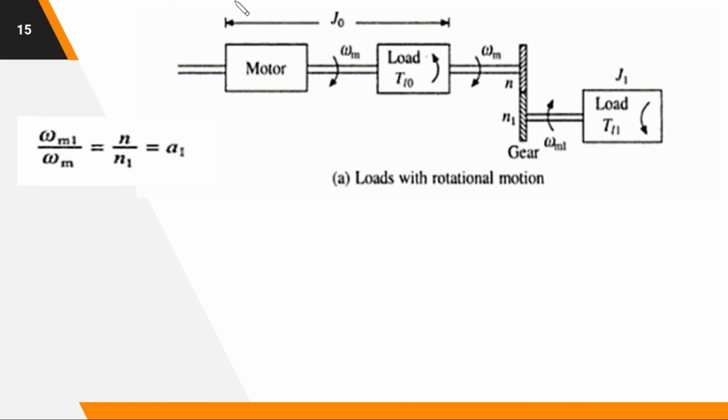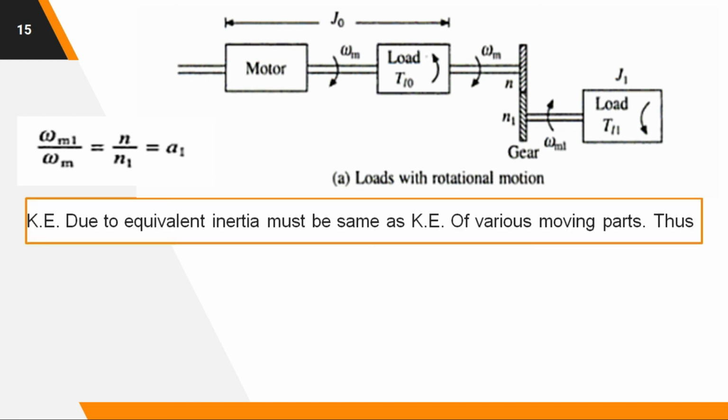This is already given to you in problems, or otherwise you have to find it by this formula. If the losses in transmission are neglected, then the kinetic energy due to the equivalent inertia must be the same. Therefore, for the various moving parts, if we calculate the kinetic energy, what will be the equation?